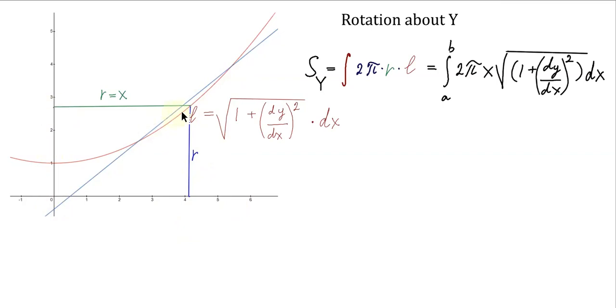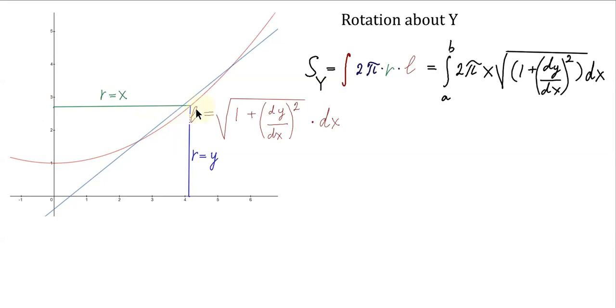To be exact, the blue r, the radius of rotation in this case, is equal to y. Okay, and then we're going to follow the same logic as we did before.